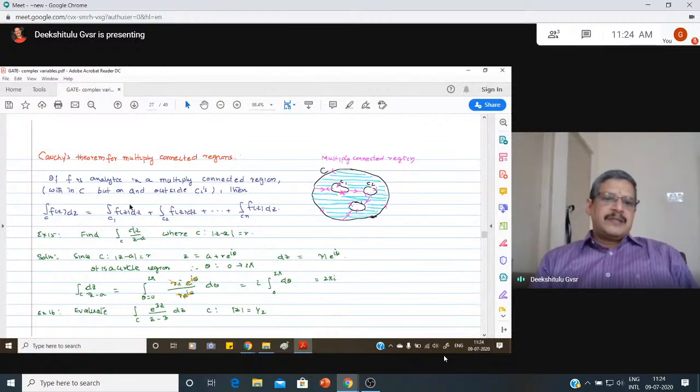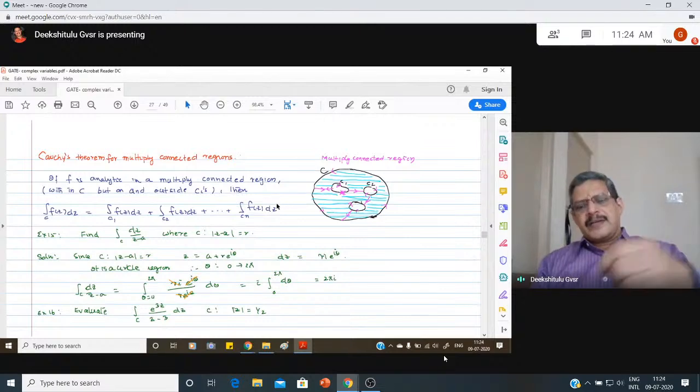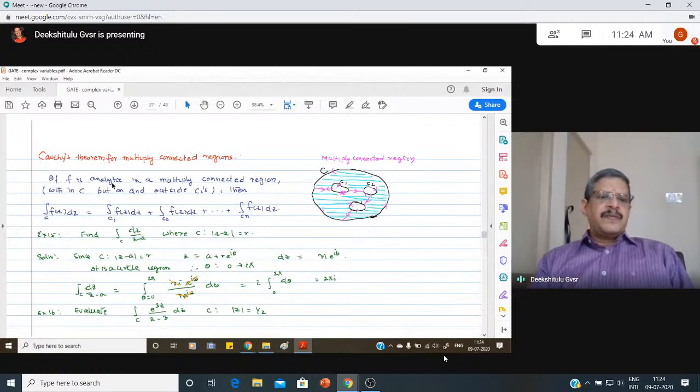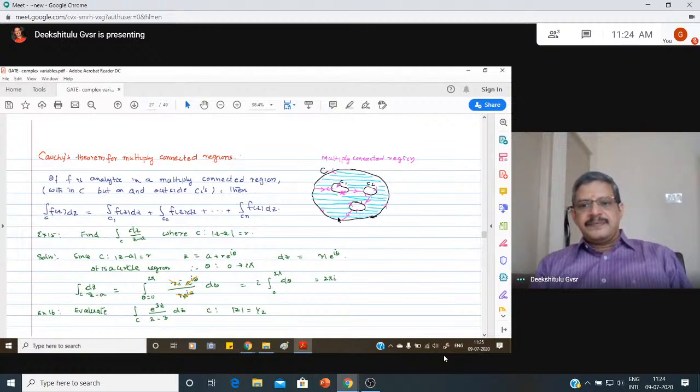So what is Cauchy's theorem for multiply connected regions? To prove this, we need to construct cross cuts and all that. We are not interested in going into the proofs of that. Just take the result. If f is analytic in a multiply connected region, that means within C but not on the holes, f is analytic only in the shaded part. It is not analytic in this region. Let us say C1 is a pole.